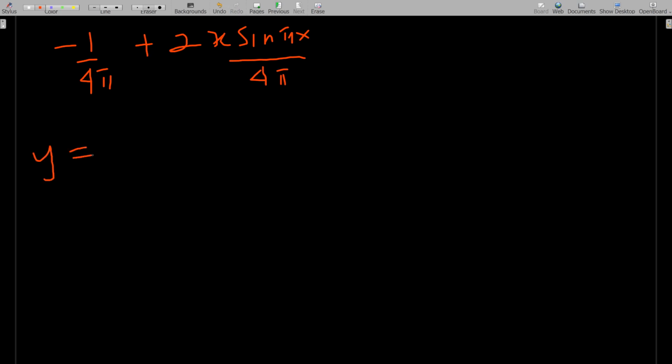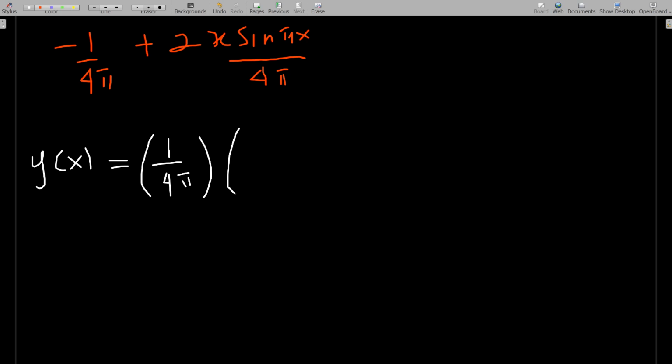So y of x is actually equal to, now I factor 1 over 4 pi out, and here I'll be left with negative 1. I'll be left with plus 2x. I hope you get this.